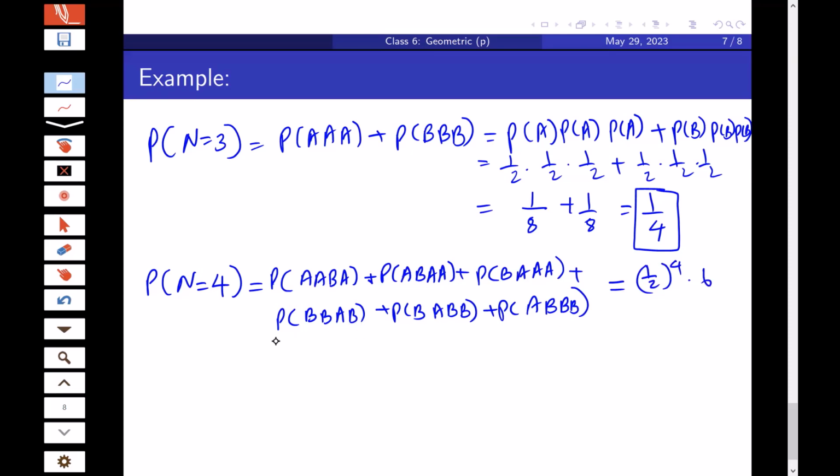So you will get 6 over 16, which is 3 over 8.